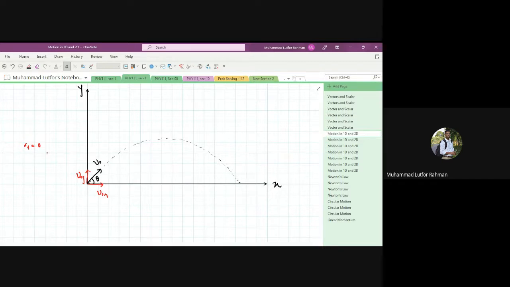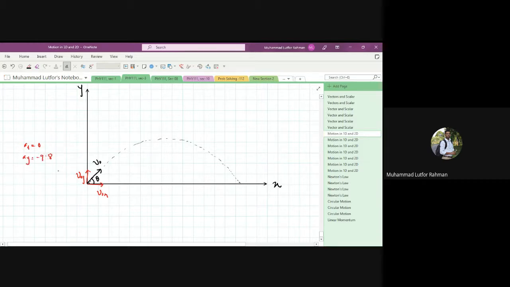In the x direction, it will move at a constant velocity, but in the y direction, it will move at a constant acceleration. Because in the vertical direction you have only the gravitational force, but in the horizontal direction it has no force. So it moves at a constant velocity in the x direction, whereas in the vertical direction it moves at a constant acceleration, and that acceleration is ay, which is minus 9.8.